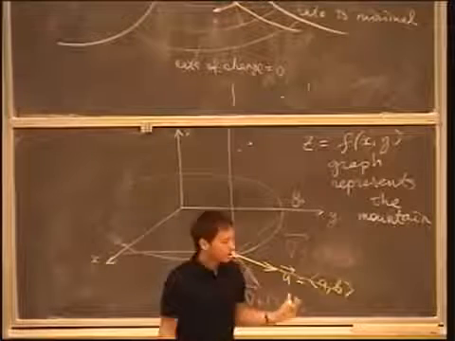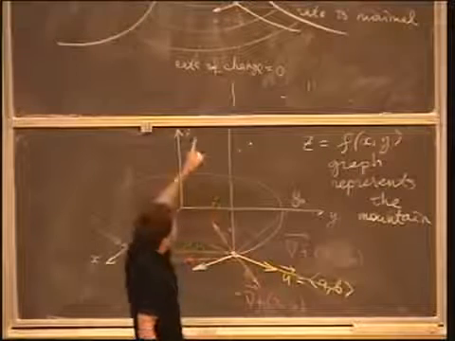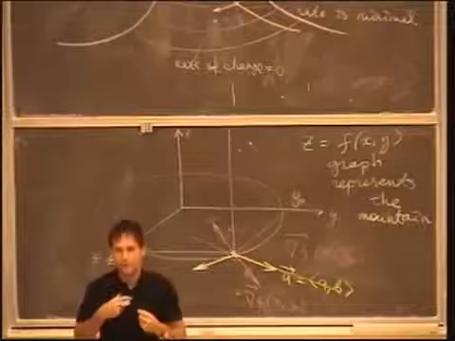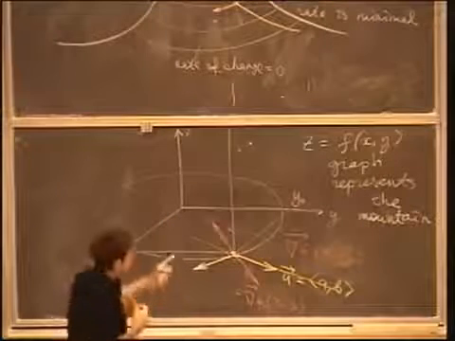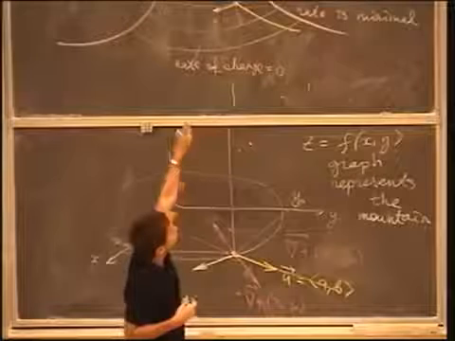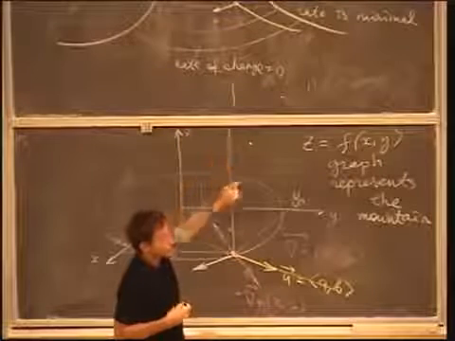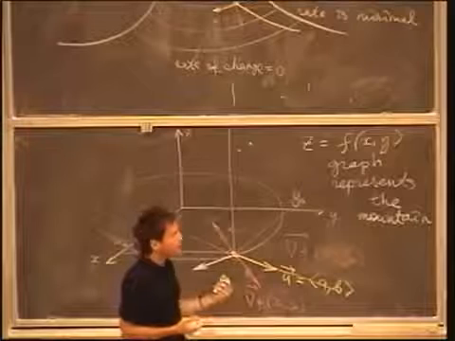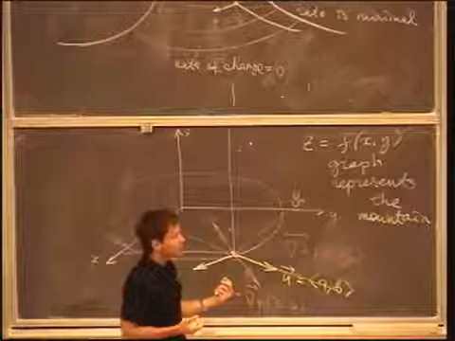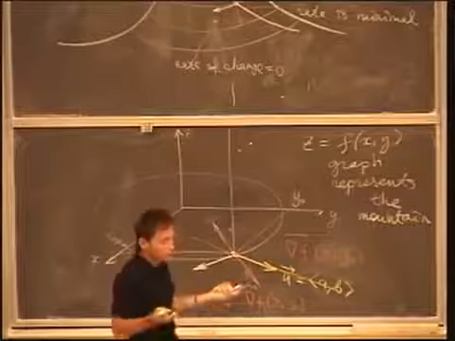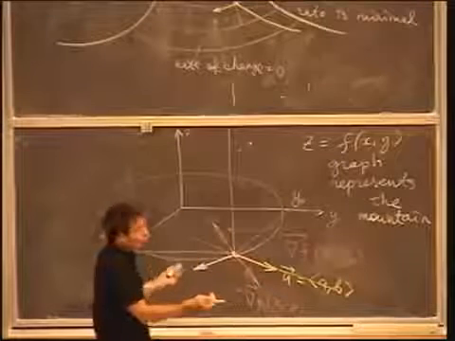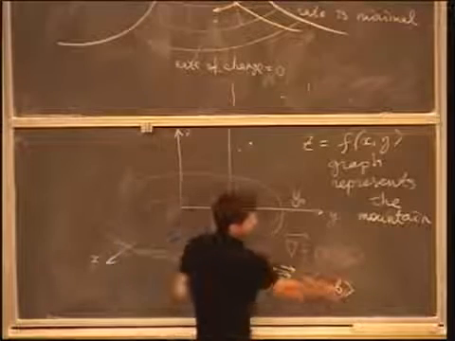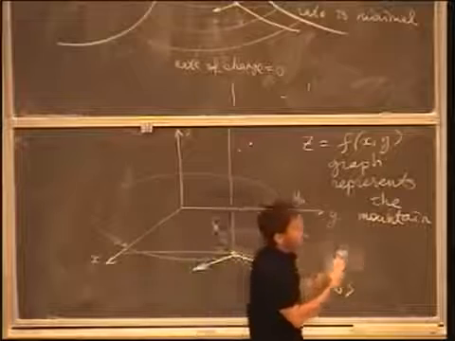Okay. So the point is that the graph is two-dimensional. It's a surface. But once you choose a direction, you cut a path or a curve on that surface. So you are back to the one-dimensional case. And in the one-dimensional case, you can actually talk about the slope, because you get a graph of a function in one variable, namely the variable along this line, and you can talk about its slope.